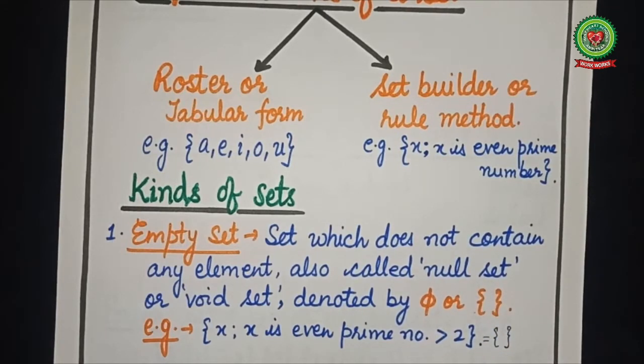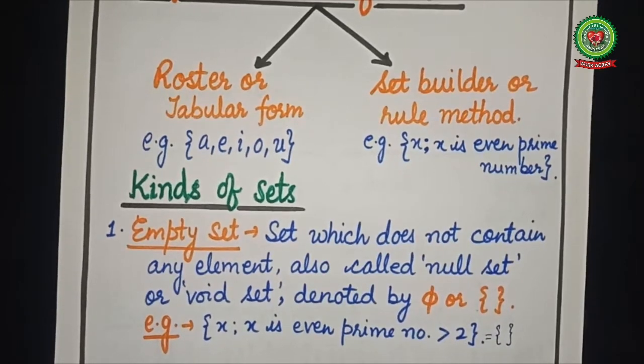For example, we have to find a set {x such that x is an even prime number greater than 2}. Now, we do not have any prime number which is even and greater than 2. So, we get the null set as the answer.